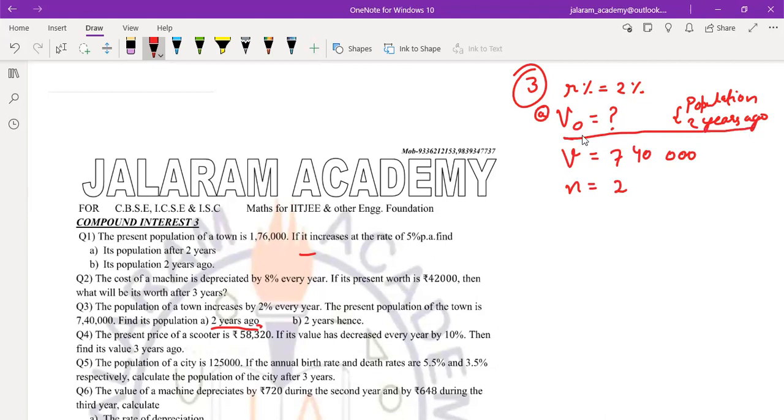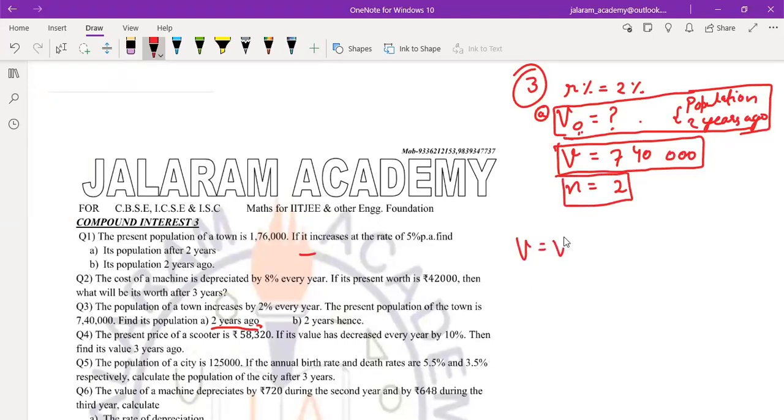The initial population means first population is taken V naught, final population is taken V, which is the population of present time, and population 2 years ago we have to find, so we must take it as V naught, and n equals number of terms.